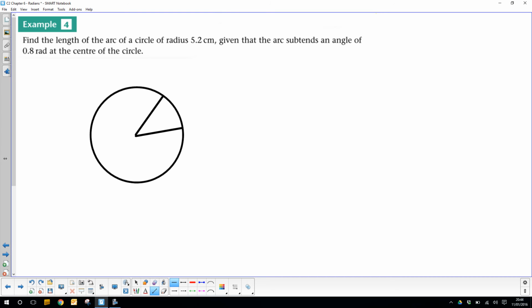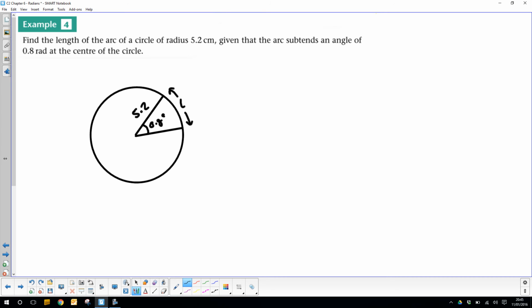It's maybe something approximating that. When it says the arc subtends an angle of 0.8 radians, that is what we're talking about. That's 0.8 radians there. And we're told that it's 5.2 centimetres in radius, and we're trying to work out this curved length here that's made.